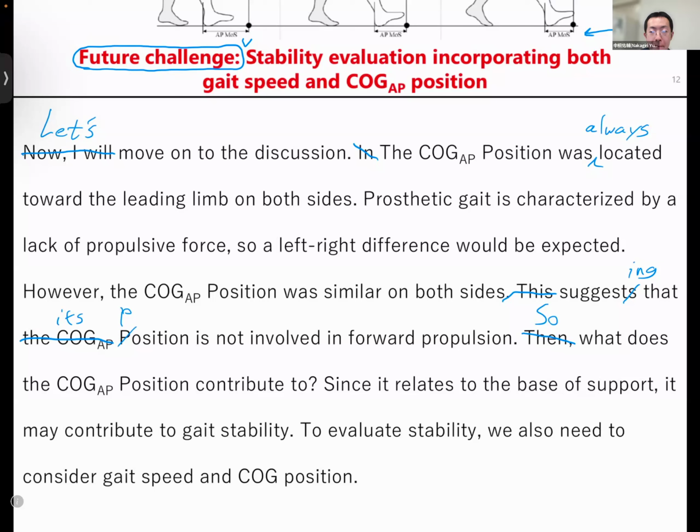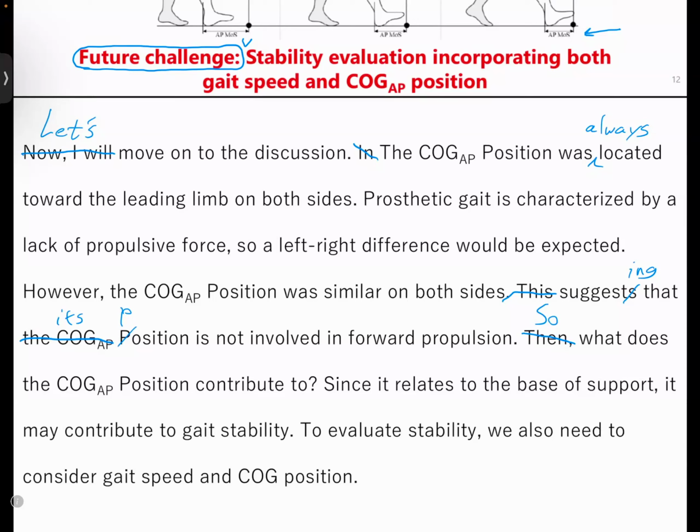Different is an adjective. Difference is a noun. Do you know the verb? What is the verb?